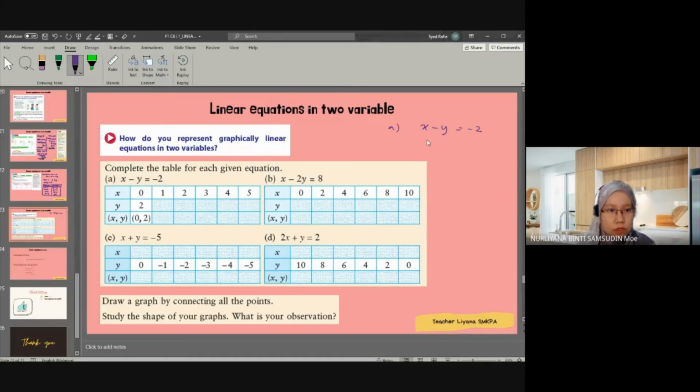So how to do this is by just substituting. You have the value of x here, so you just substitute the value of x with all these numbers one by one.